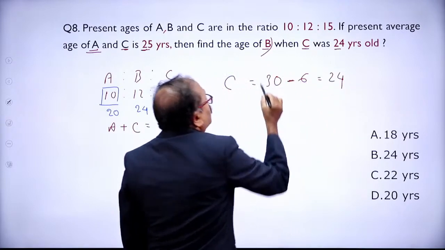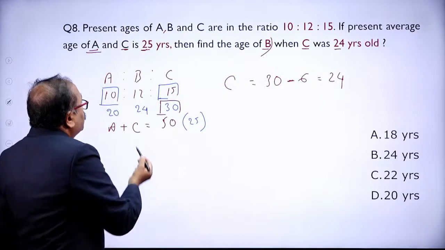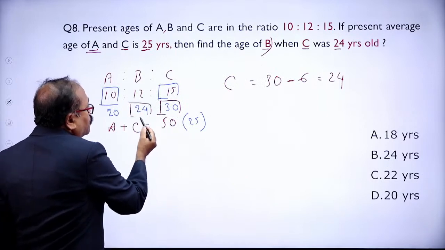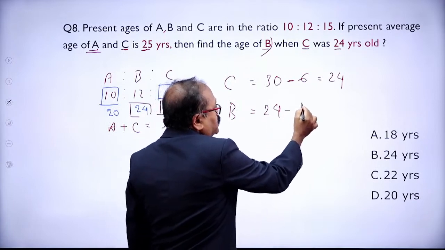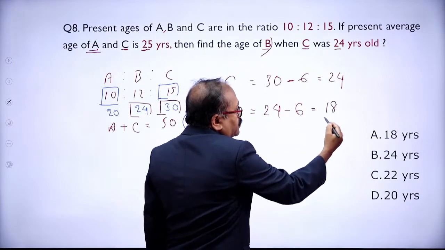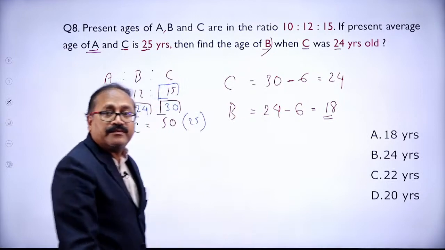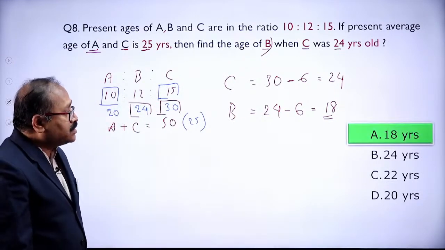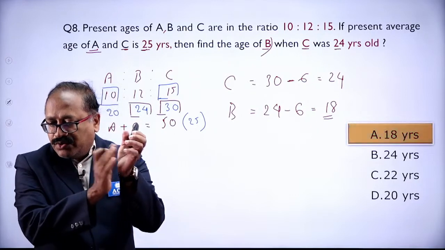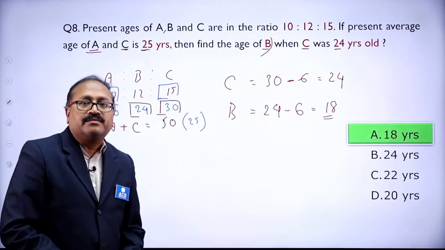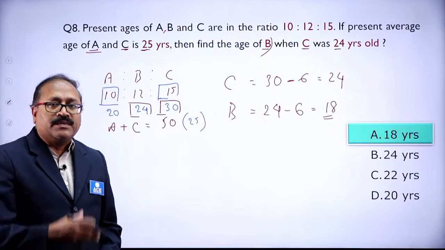Then at that time, what was the age of B? The present age of B is 24. So if the present age of B is 24, what will be his age 6 years back? That's 18. So my answer choice is A. Oh, that's good. Option A. Well done.